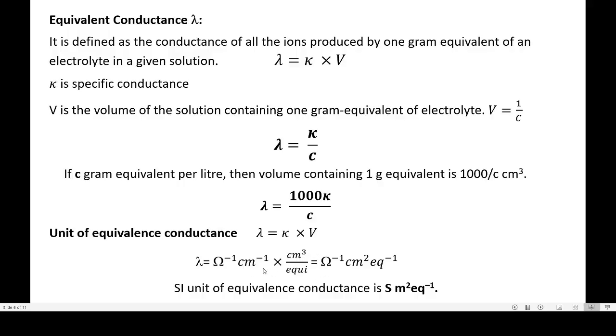So per centimeter, the centimeter will be cancelled, the remaining is centimeter square. So mho centimeter square per equivalent, that is equivalent to the power minus 1. So the SI unit of equivalent conductance is Siemens meter square per equivalent.